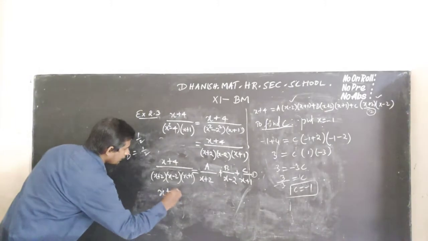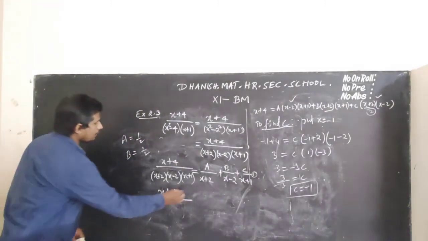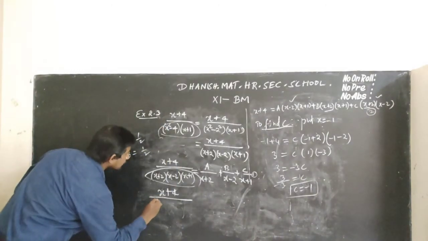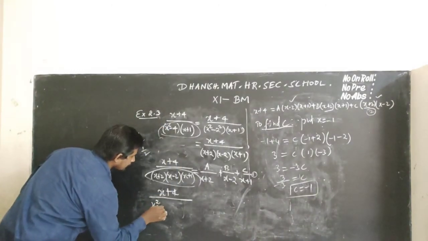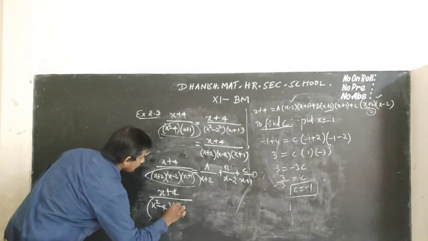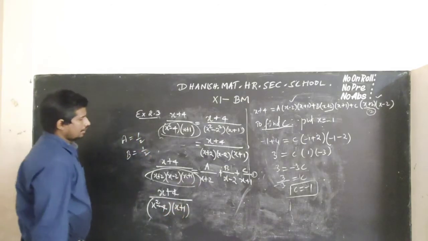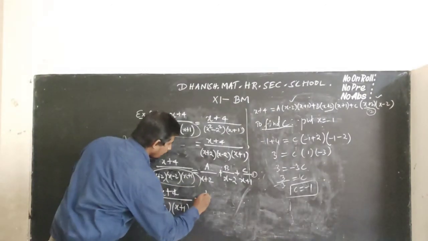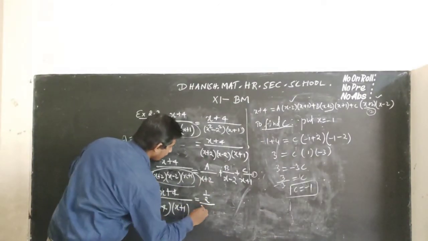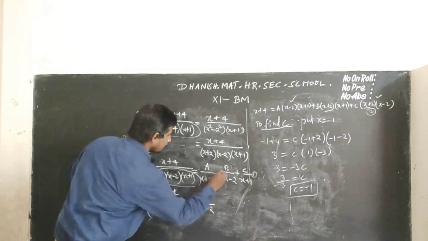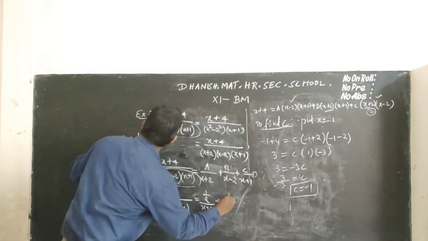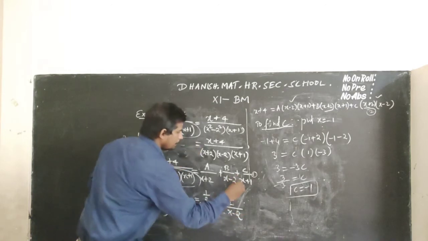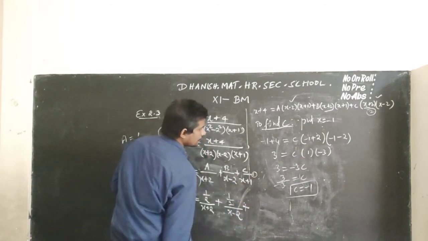So x plus 4 by, instead of this denominator we can write x square minus 4 into x plus 1, equal to A, what's our A? 1 by 2 divided by x plus 2, plus B, what's our B? 1 by 2 divided by x minus 2, plus C, what's our C?